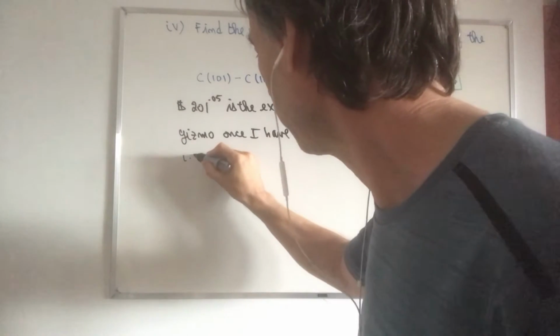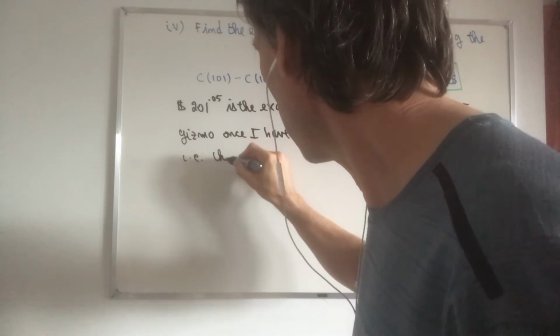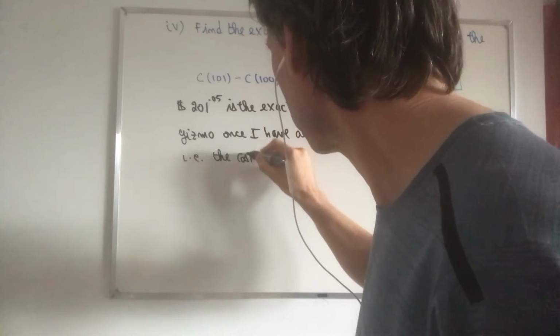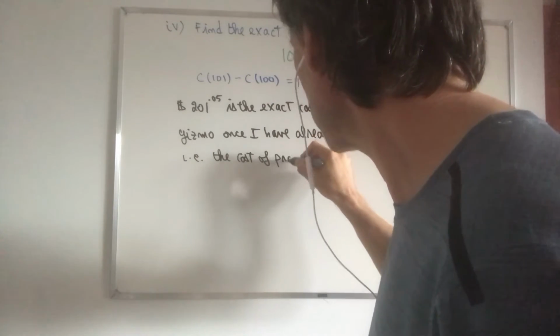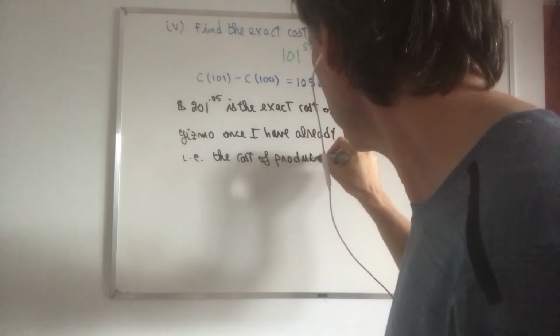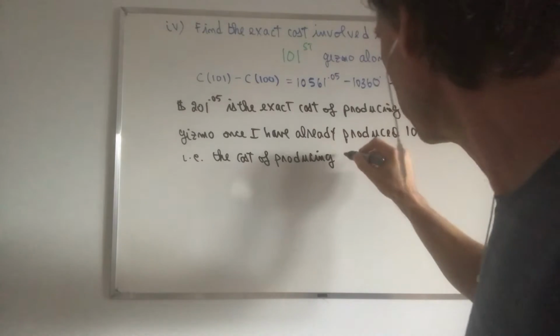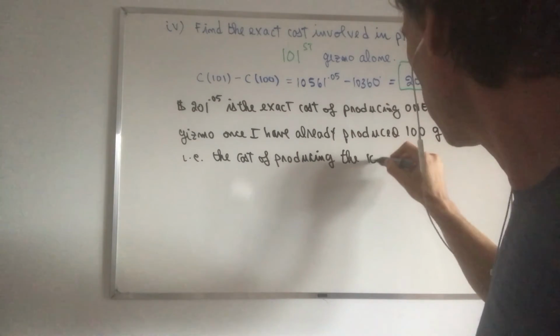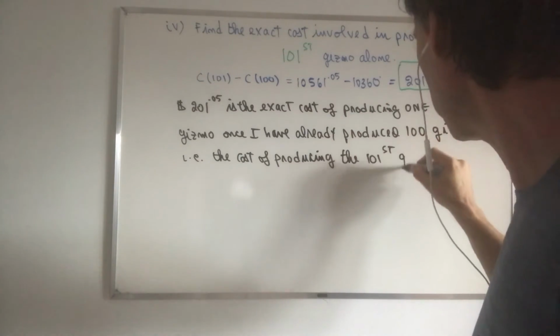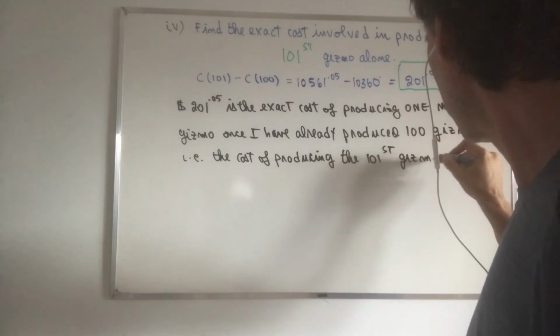I.e., it's the cost of producing, like we said before, the 101st gizmo.